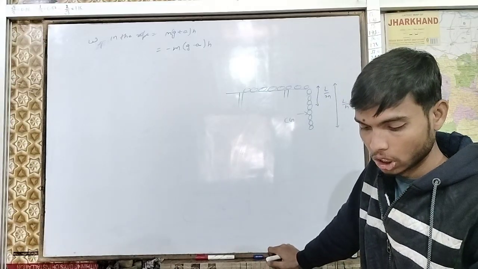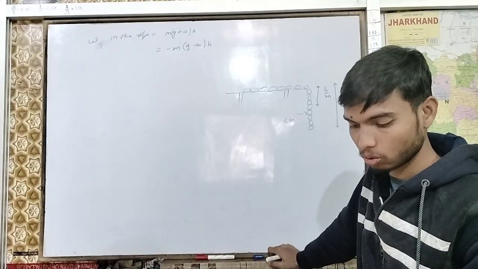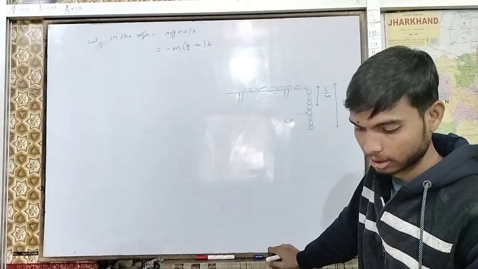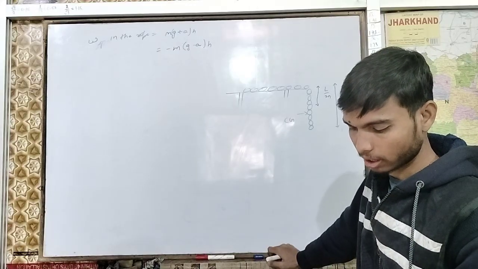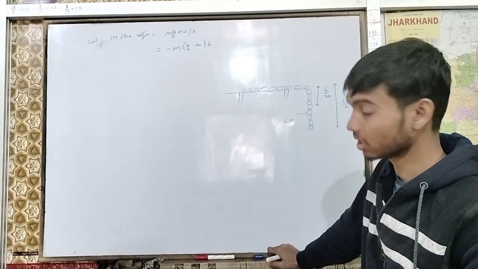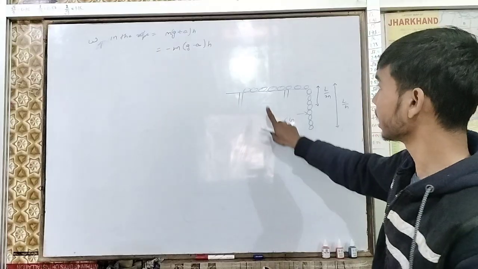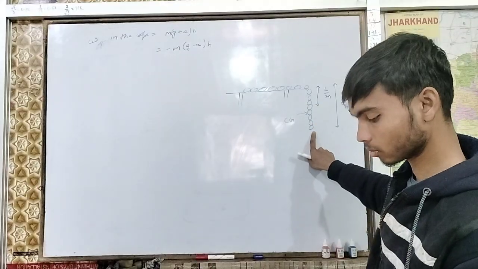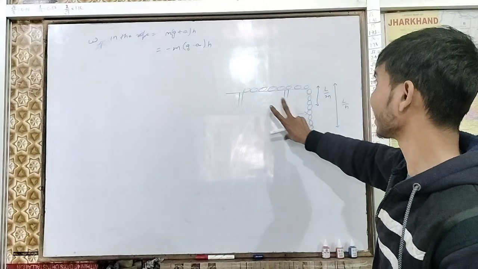A uniform chain of mass m and length l is kept on a smooth horizontal table such that only one part of its length is hanging over the edge of the table, as we can see over here. It is a uniform chain of mass m and length l.